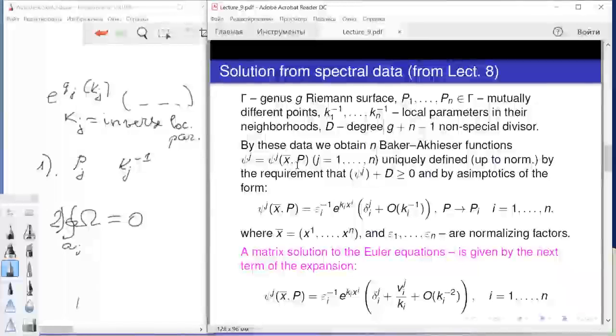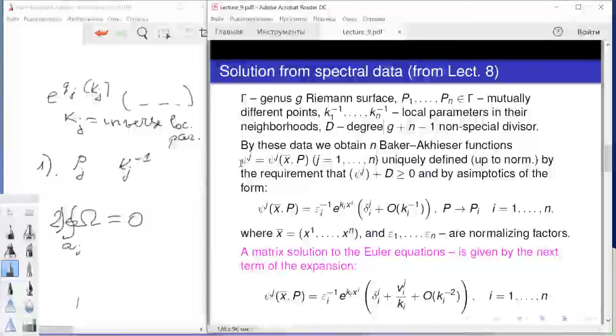If we take the pole divisor of degree genus plus n minus 1, we obtain actually an n-dimensional space of Baker-Akhiezer functions satisfying all requirements, and by certain normalization they are uniquely defined.